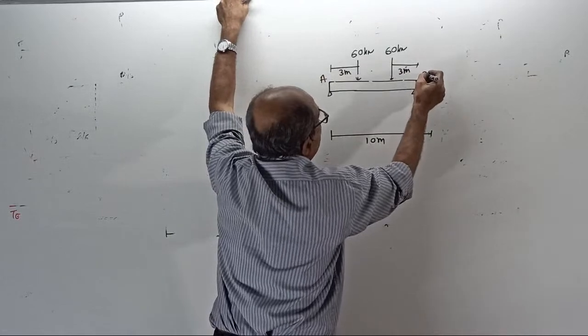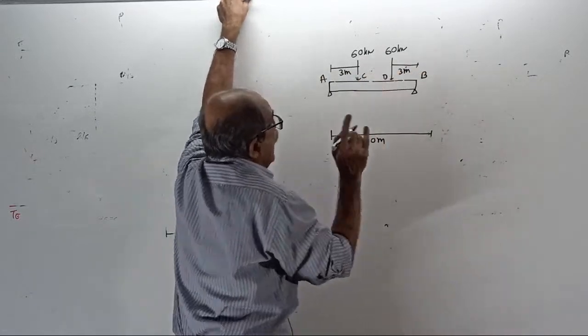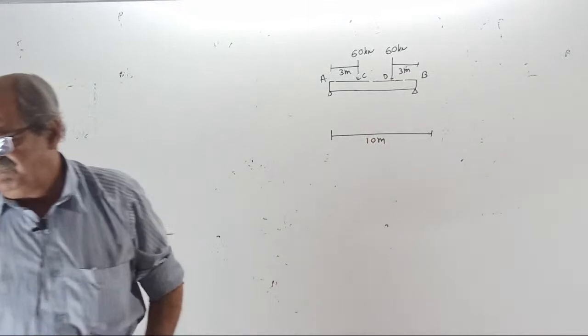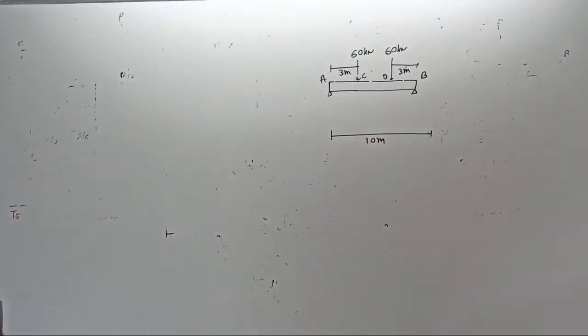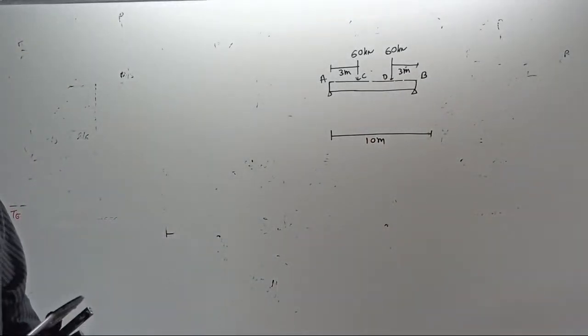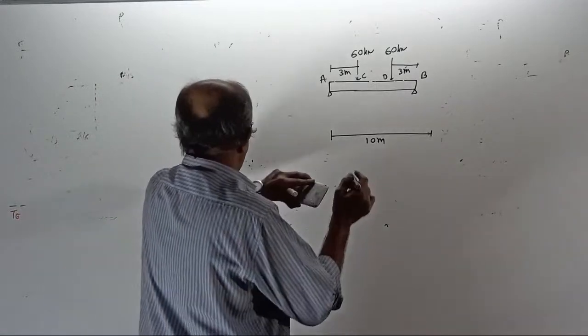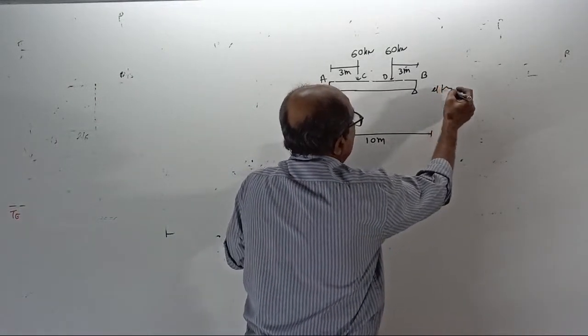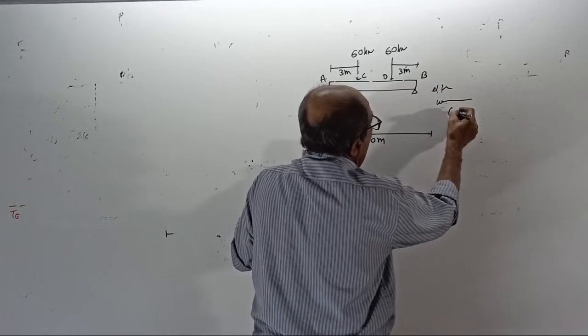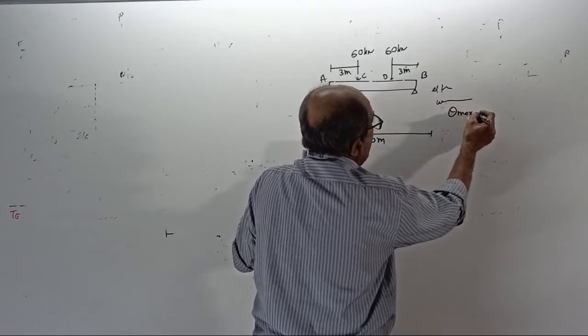A, B, C, D. If that's all given, can you solve now? Yes or no? A simply supported beam of span 10 meter loaded by 2-point loads of 60 kilonewtons at 3 meter from the ends. If that's all given, we can easily solve. The answer will be theta max and y max.